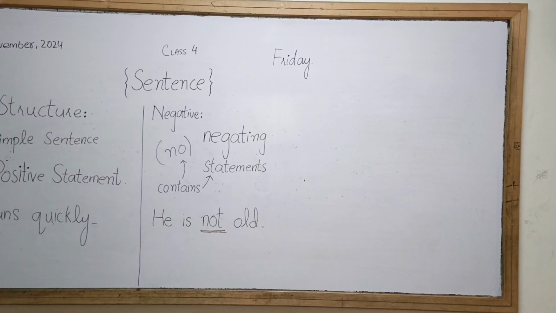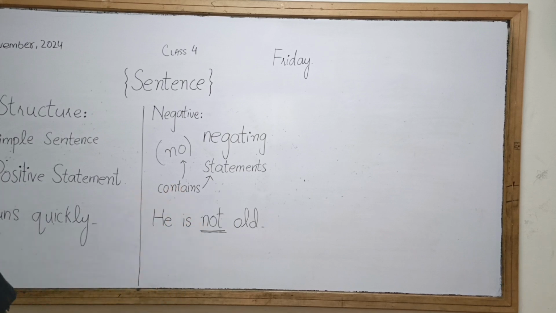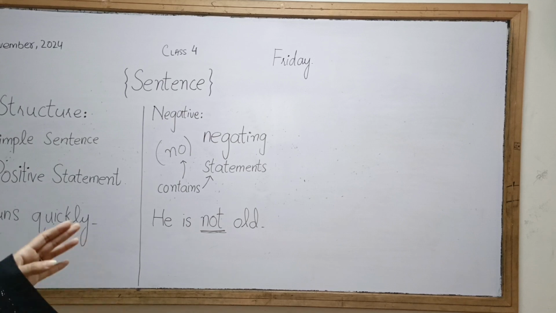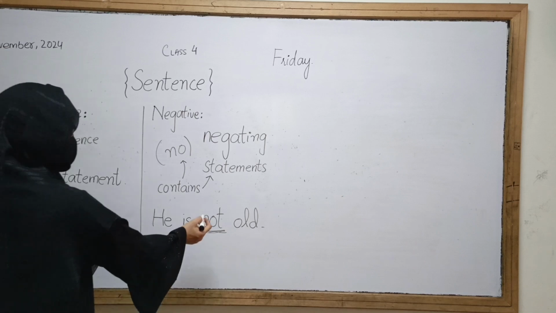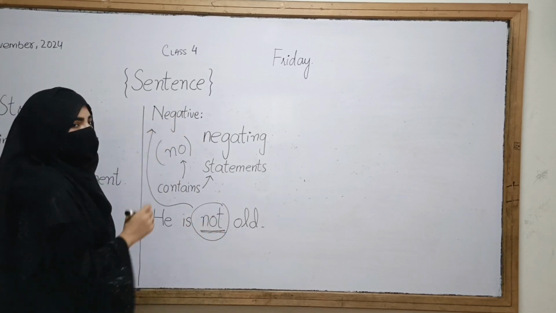Can you see the statement here: he is not old. It's a complete sentence. It is providing you a complete meaning. He is not old means that he might be a child or he might be young, but he is not old. The word not here is negating, so it belongs to the class of negative sentences.